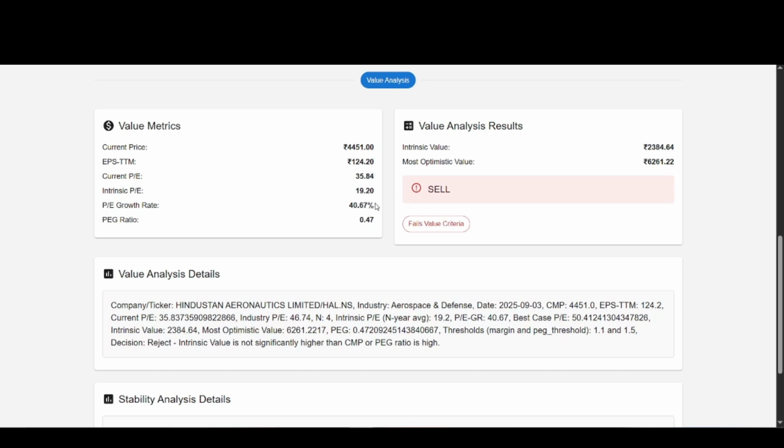Based on this intrinsic PE ratio, it calculated the intrinsic value of 2384.64 INR, but the current market price is around 4451 INR, which is very high as compared to the intrinsic value. That means it does not meet the value analysis criteria, and so the recommendation agent is giving the fail value criteria and asking it to sell.